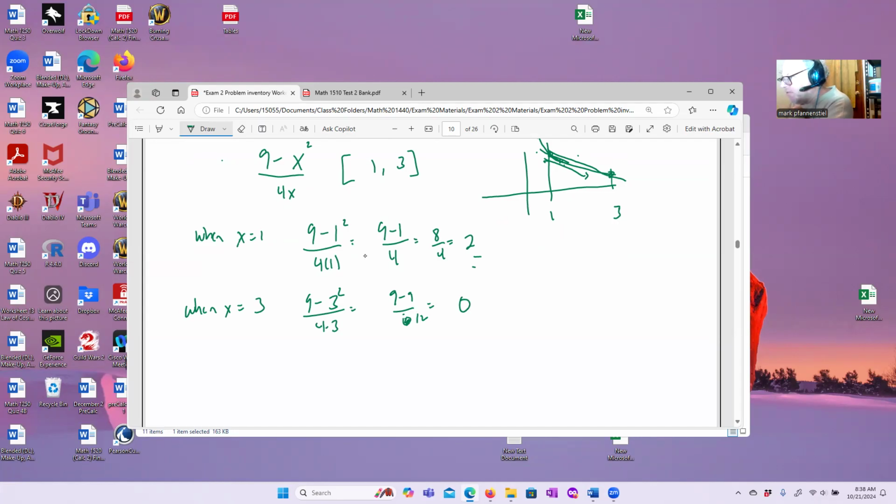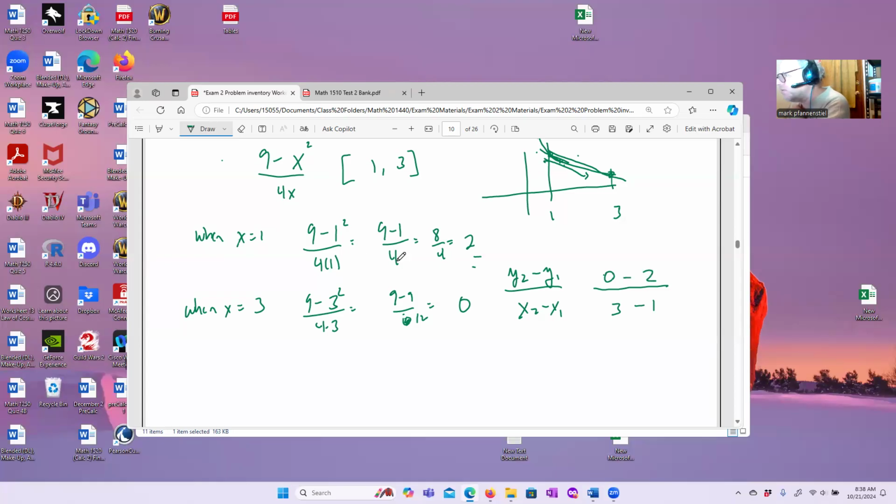Okay, so we have to figure out a slope here. So we get y2 minus y1 over x2 minus x1. Make sure you're doing this in the right order. We're going to say that x2 is 3 and x1 is 1. When x was 3, the y value was 0. When x was 1, the y value was 2.